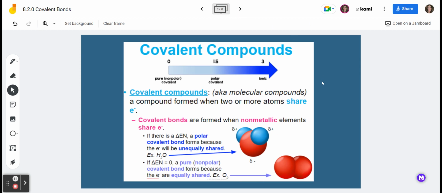All right, as you recall, covalent compounds have some subtypes: polar and nonpolar. Covalent compounds, which are known as molecular compounds, share electrons, but they may share them evenly or unequally. If they share them unequally, they are considered polar, and polar is 0.5 to about 2 difference in electronegativities.